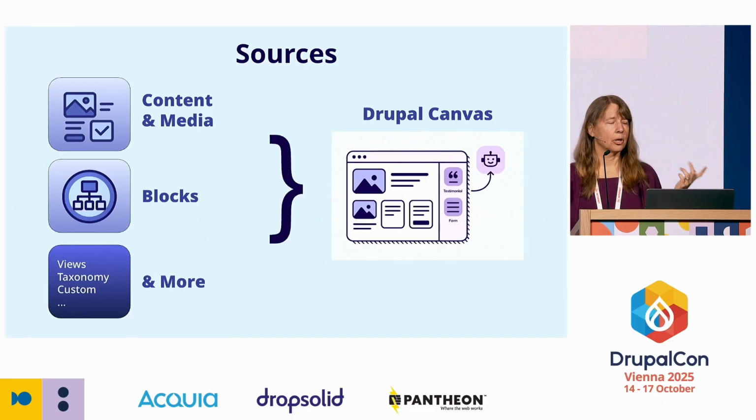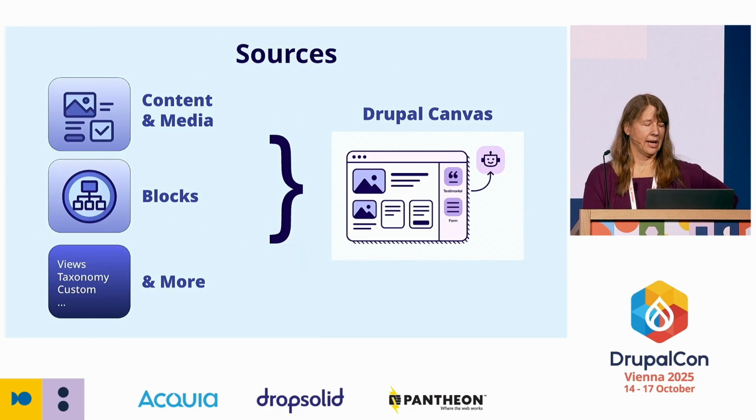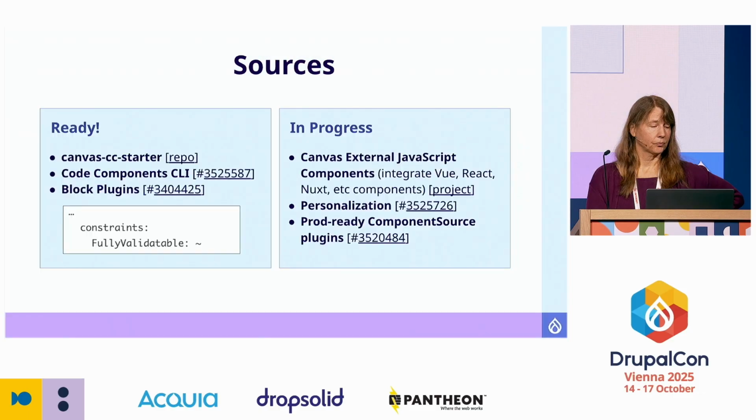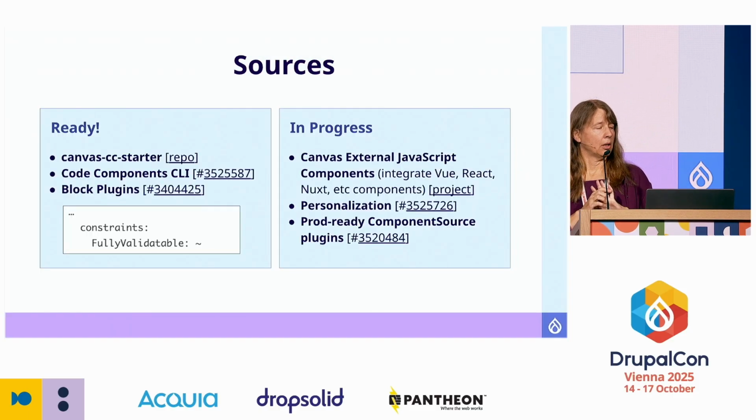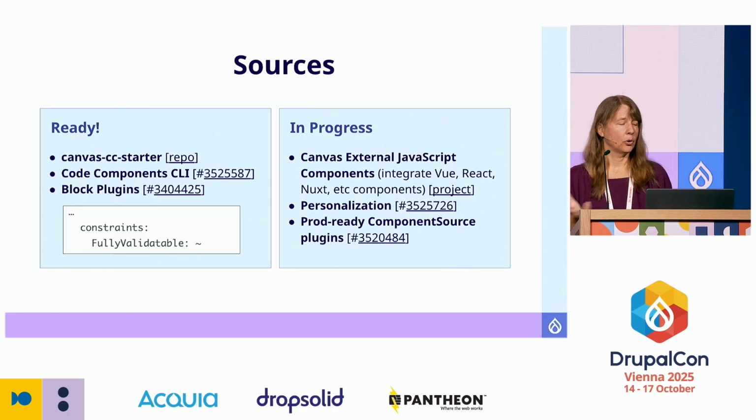Okay, so I talked about those component sources and having different ways of pulling Drupal content into Canvas. So you have a views block or any block that you want. We already have some interesting ways of pulling content in.